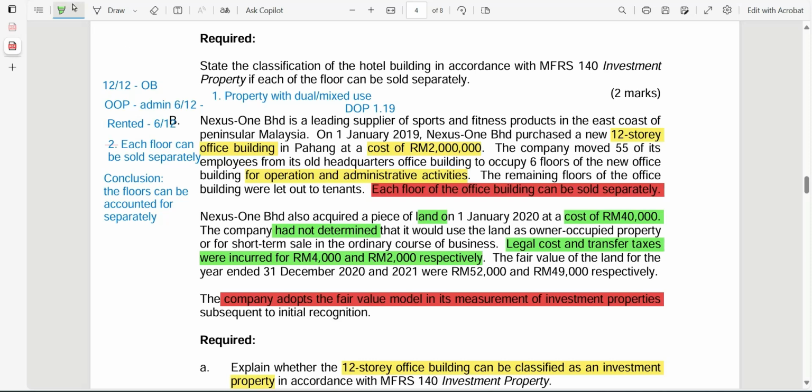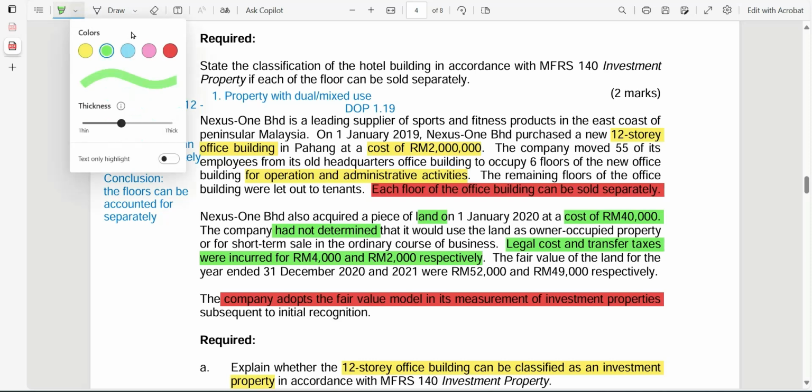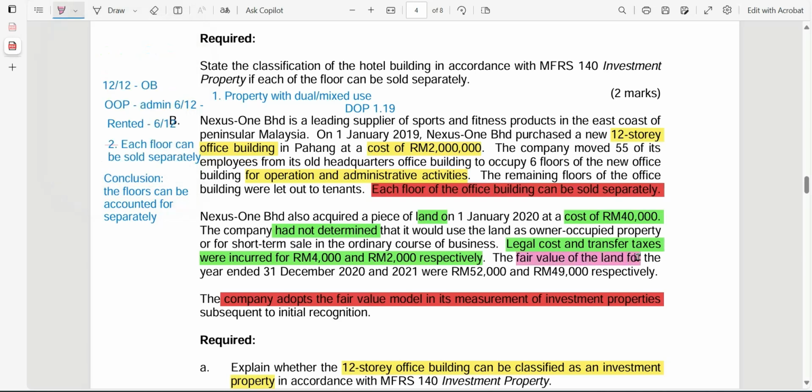And then the next sentence, which I'm going to highlight in pink, is information on subsequent measurement, where you are informed that the fair value of the land for the years ended 31st December 2020 and 2021 were 52,000 and 49,000 respectively. So this part here is on initial recognition and measurement. You need to find out how much the cost is and that the land is an item of IP.